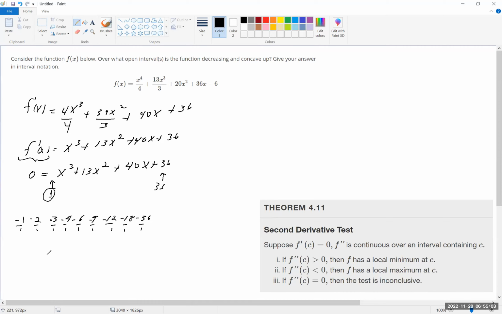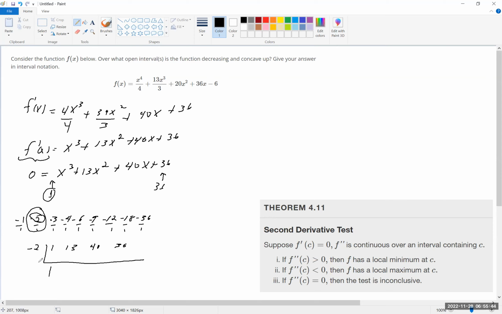Okay, so I'm going to go ahead and take all the coefficients. And we're going to make a guess that -2, which is the same as -2/1, is going to be one of the zeros.